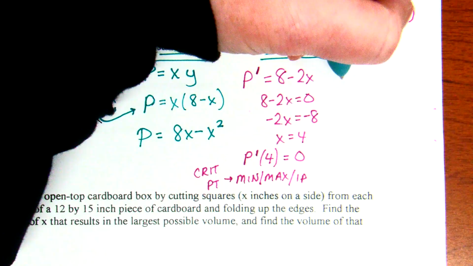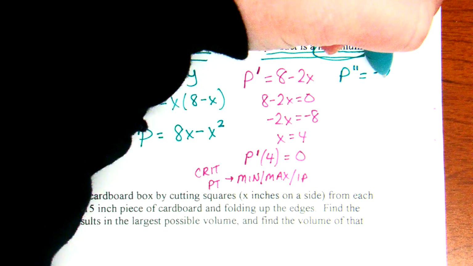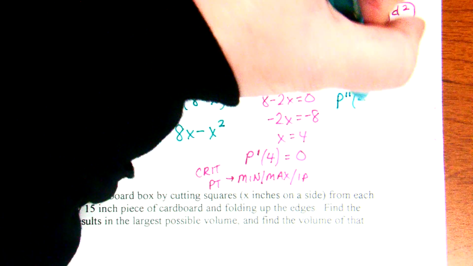So, what's the second derivative of 8 minus 2x? Negative 2. So then officially, we're trying to figure out what the second derivative is at 4. When you plug 4 into that equation that has no variable, it's still going to be negative 2.